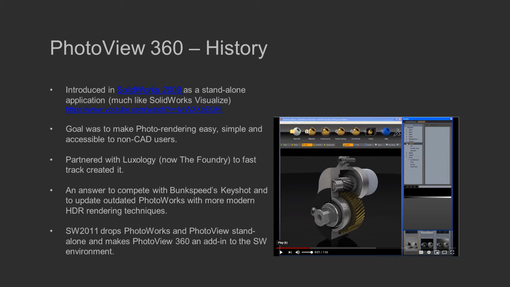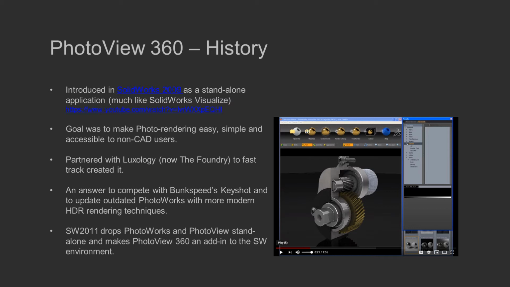So PhotoView at the same time would then become integrated into SolidWorks, not a standalone product anymore. And there were some interesting debates about that. Myself and Joe wanted to keep it as a standalone product, but the vote won out to put it as an add-in into SolidWorks, so it could be more integrated into the SolidWorks environment.